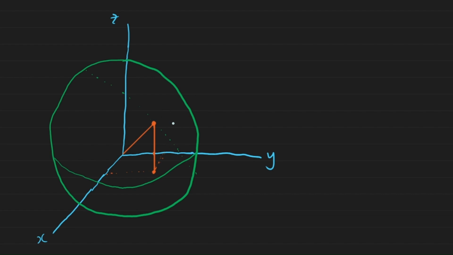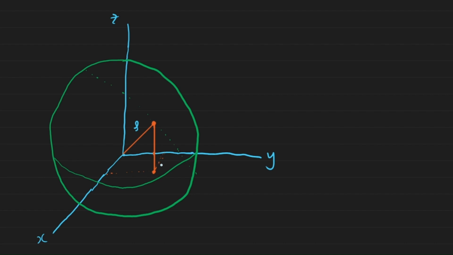We can think of it as being on the outer edge of the sphere, and the distance from the outer edge of the sphere to the origin is called rho. So rho is here. We can just write it, and we can just understand it's the distance from the origin to our point.